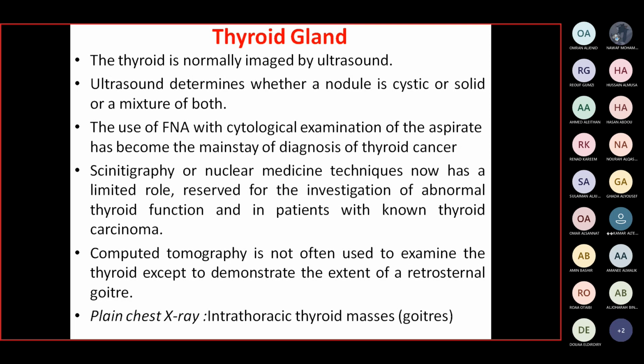Nowadays, we can use CT to demonstrate the extension of the goiter retrosternally. The plain X-ray, as we said, was used in assessment of the intrathoracic thyroid, for example a retrosternal goiter, but nowadays it is not used commonly. We use CT instead of plain X-ray, but both can demonstrate the extension of the thyroid gland into the thoracic cavity.